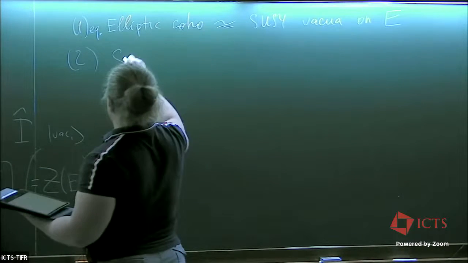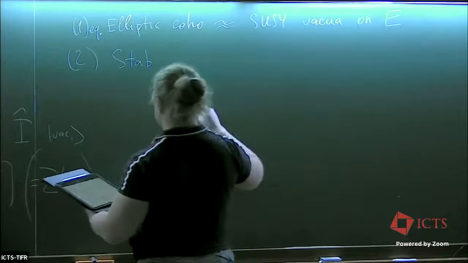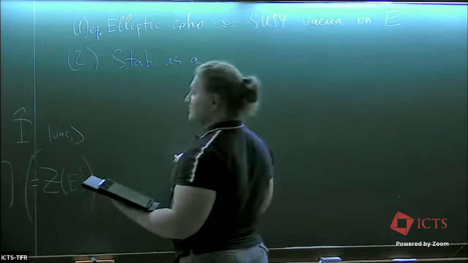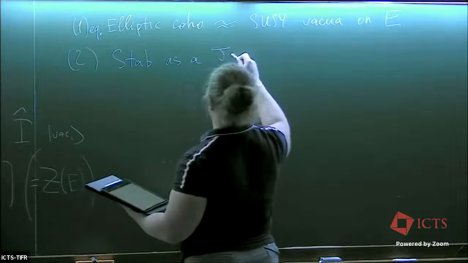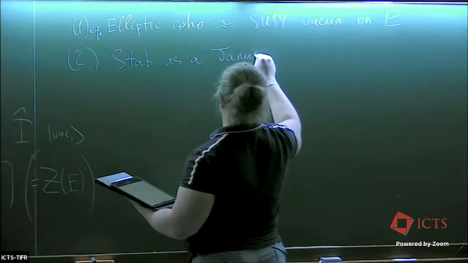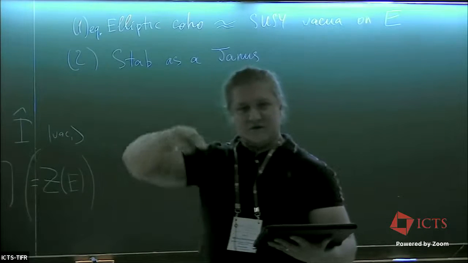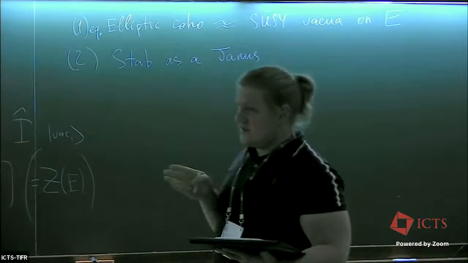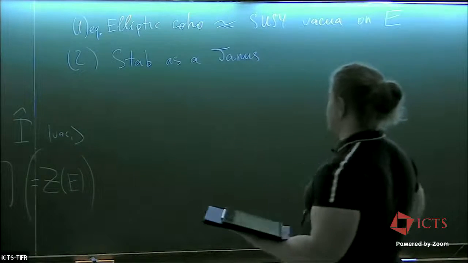And then the second idea that I will explain is that this stable envelope is realized as an interface where the mass changes. Such interfaces are often called Janus interfaces. It refers to whenever you vary some parameters of your theory in one of the space-time directions.